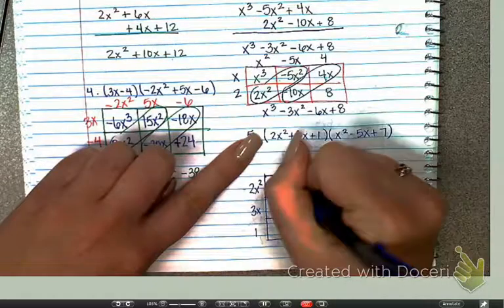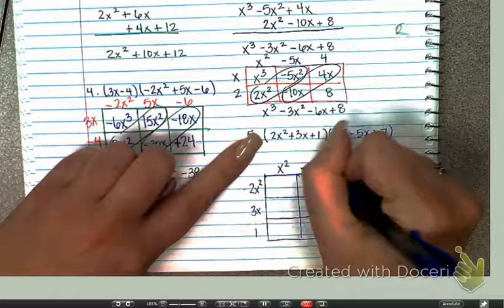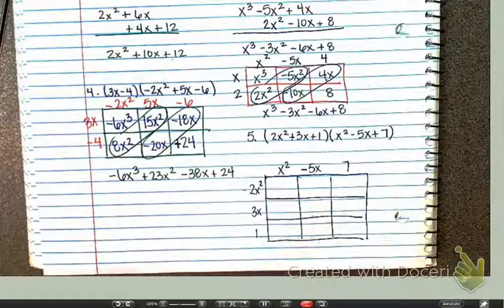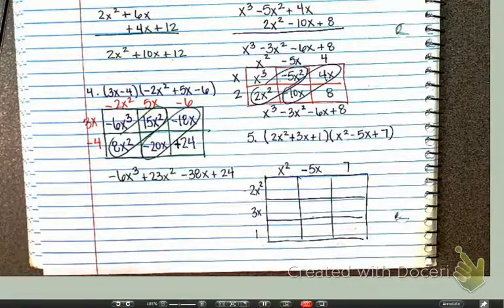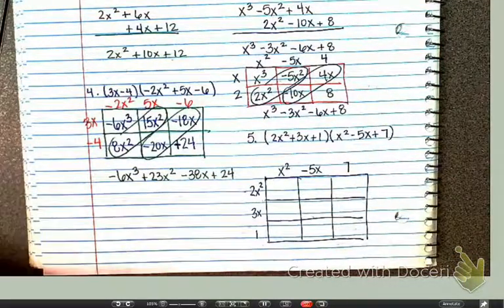Across the top, x squared minus 5x and 7. Almost every single person as I came around that got it wrong, added. Make a note to yourself. Multiply to get in the box. So if you got it wrong because you added, and you know who you are, make a note.